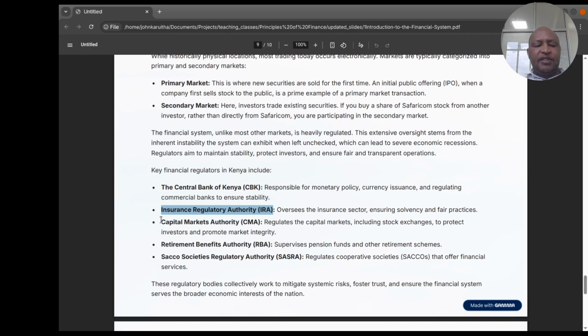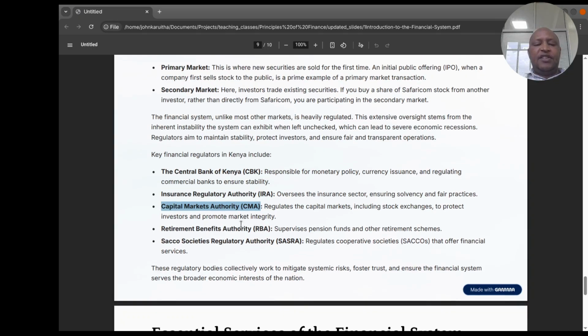Capital Markets Authority, CMA, is a government organ that also regulates the capital markets. Retirement Benefits Authority is in charge of pension funds and other retirement schemes. Then we have the SACCO Societies Regulatory Authority, SASRA. This is also a government body that is in charge of regulating SACCOs.